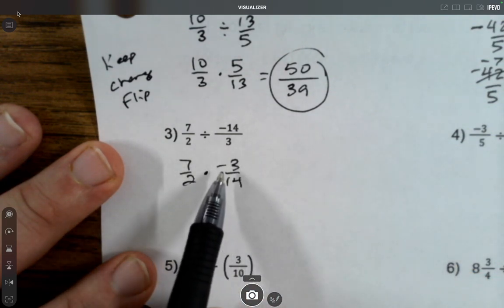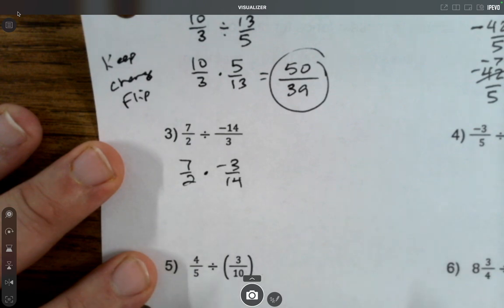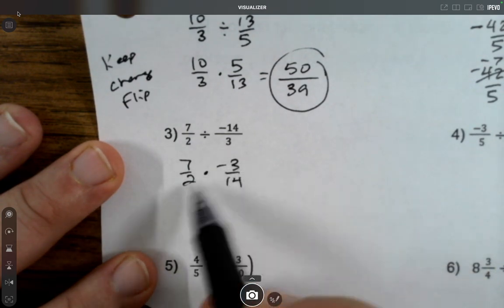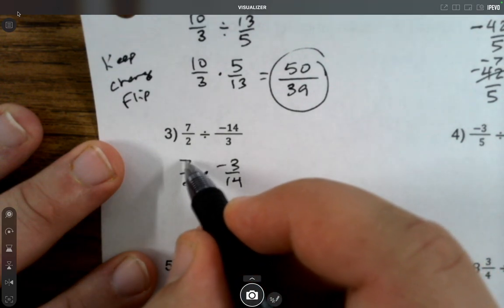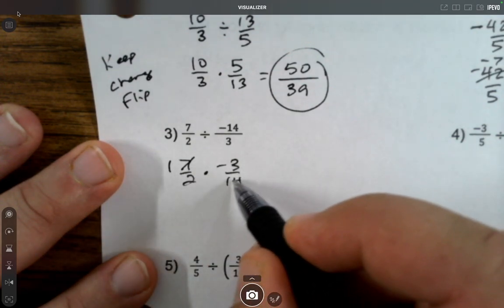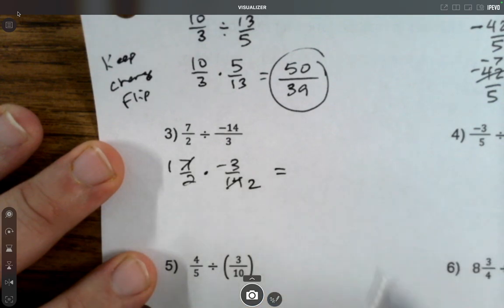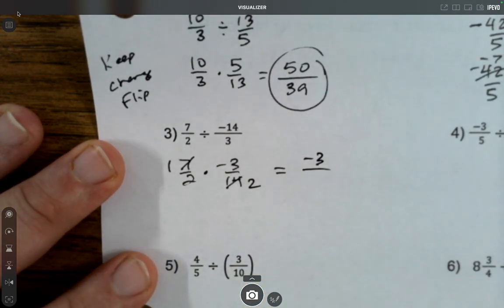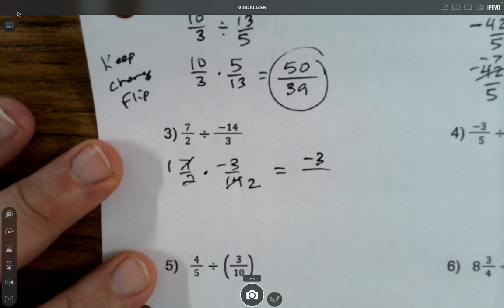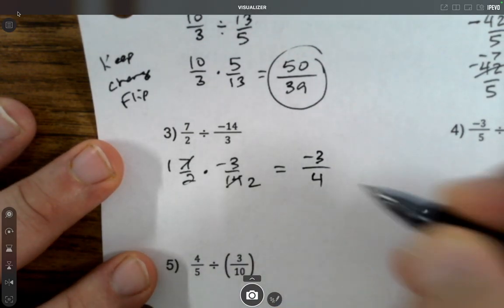Doesn't matter whether the negative is on top or bottom. Okay, 2 and 3 can't cancel out, but 7 and 14 are both divisible by 7. So if I divide this by 7, I get 1. Divide this by 7, I get 2. So 1 times negative 3 is negative 3. And 2 times 2 is 4.